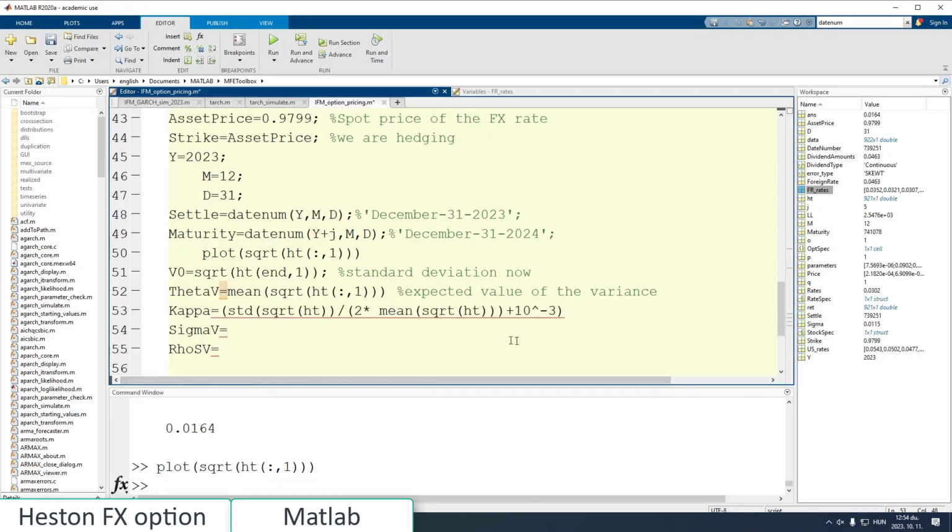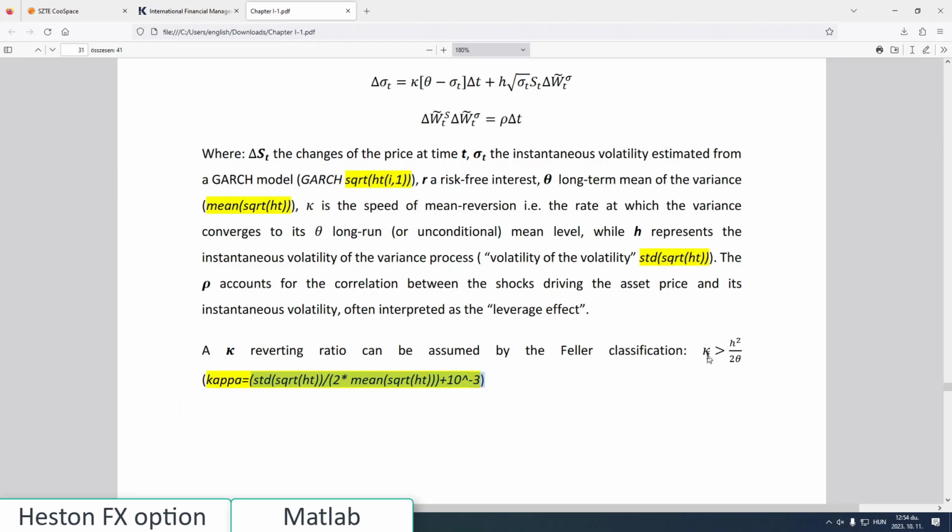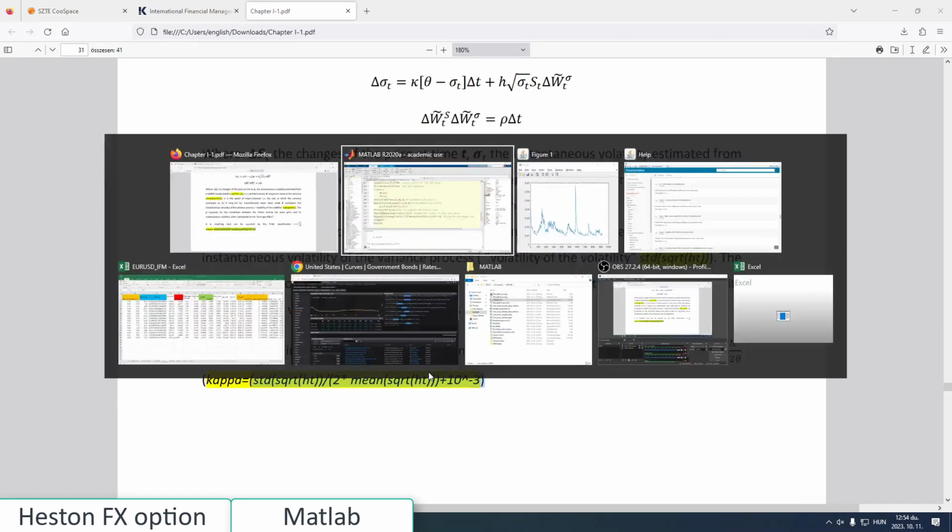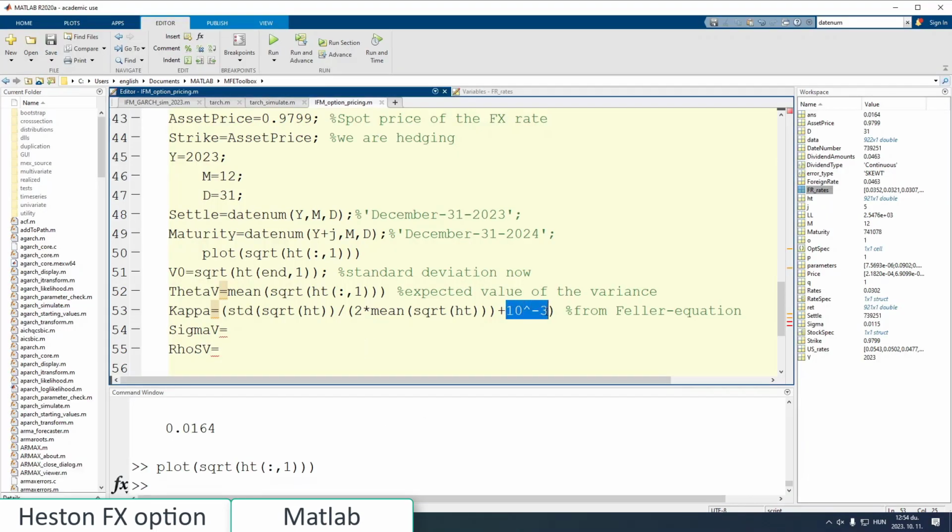So let's bring the... It says that it should be bigger than this number here, so that's why I added this really small number, and therefore it will be bigger.